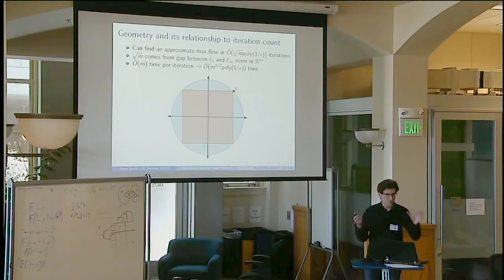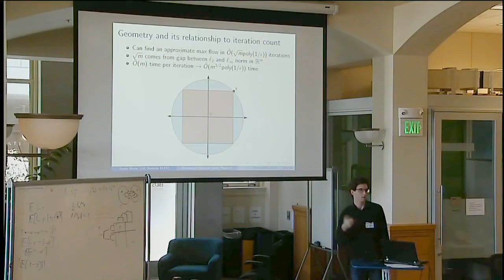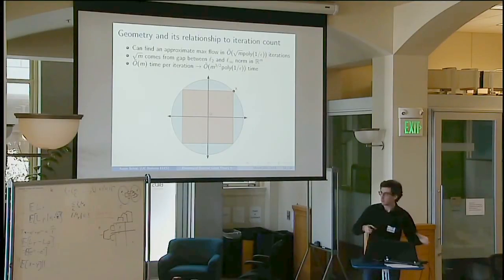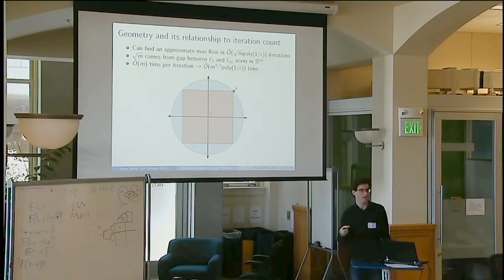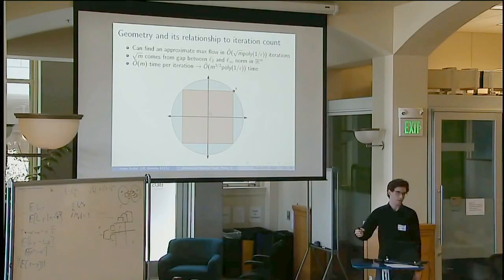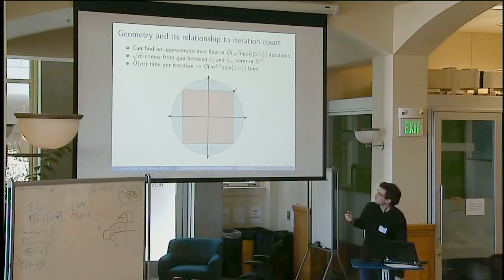It turns out that you can actually do something slightly better. You can get an m to the 4/3 time algorithm essentially by, when your L2 norm is very far from the L infinity norm, finding an edge to delete that makes it so that the norms are closer. But anyways, the geometry here is very important for bounding the runtime of this algorithm.